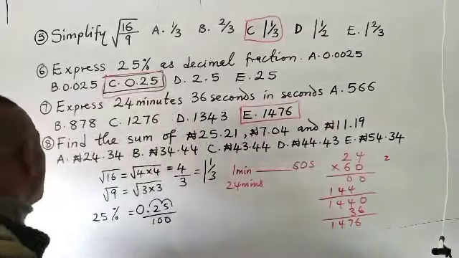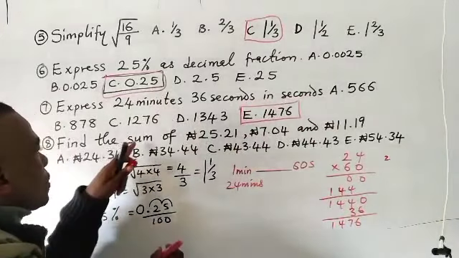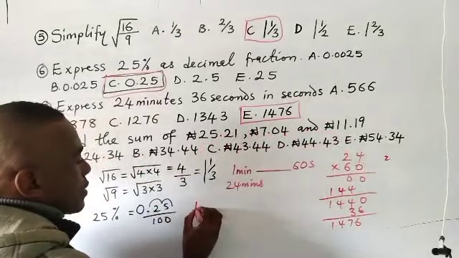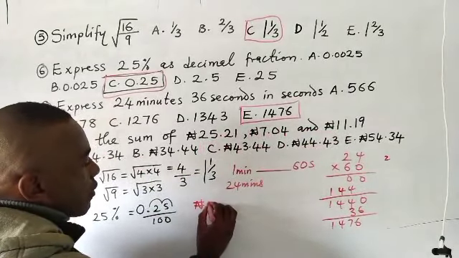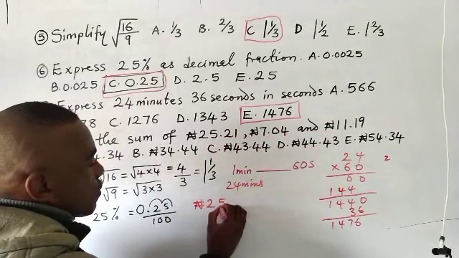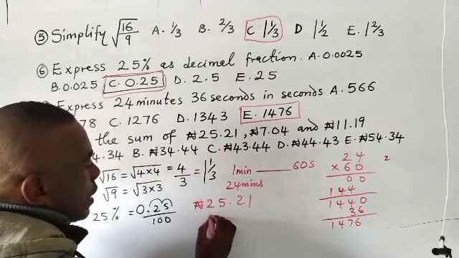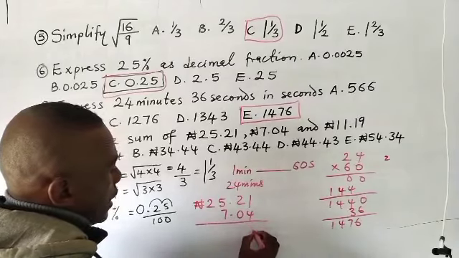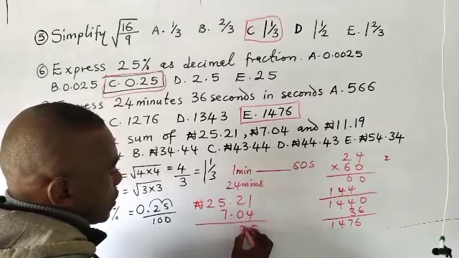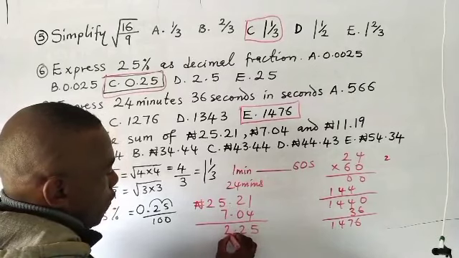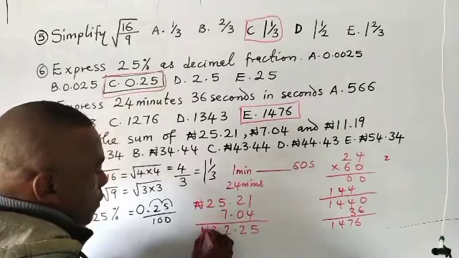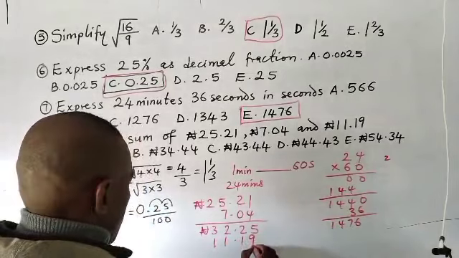We now move to question number 8. In question number 8, we are asked to find the sum, meaning that we should add these 3 things that we have here, which is in Nigerian currency. 25.21, then 7.04. So when I add it, this will give us 5, this is 2, this is 12. I will carry 1 and add here, it will be 3. Now I will add the last one, which is 11.19.